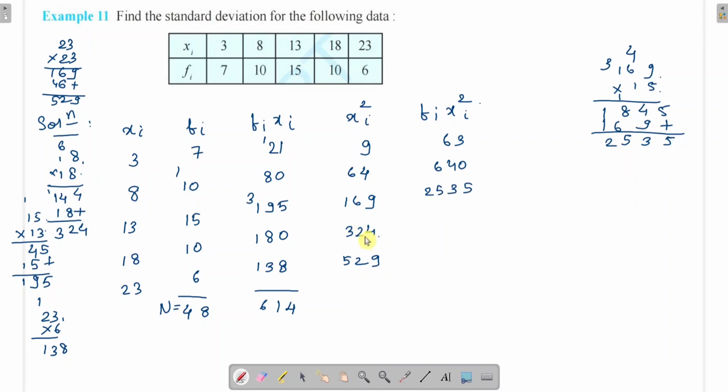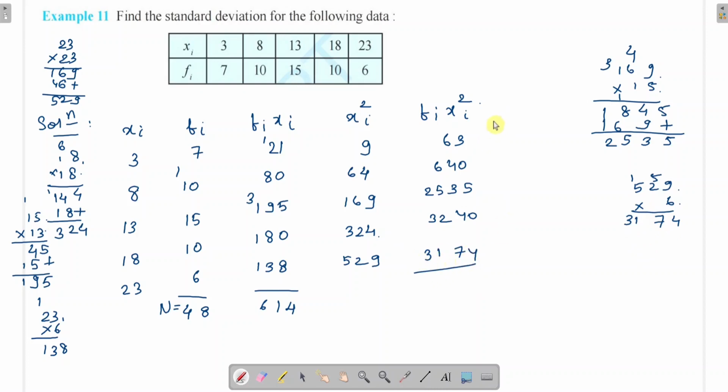Then 324 times 10 is 3240. 529 times 6, let us see, is 3174.